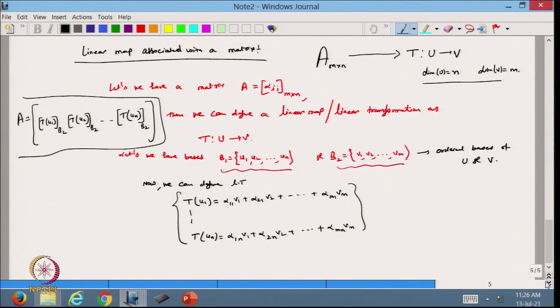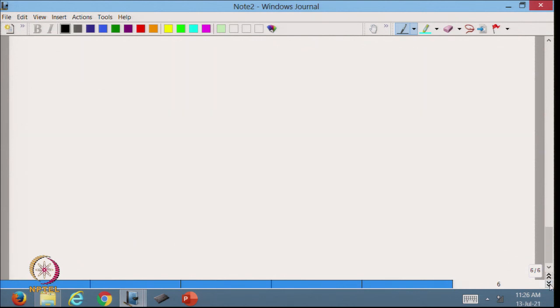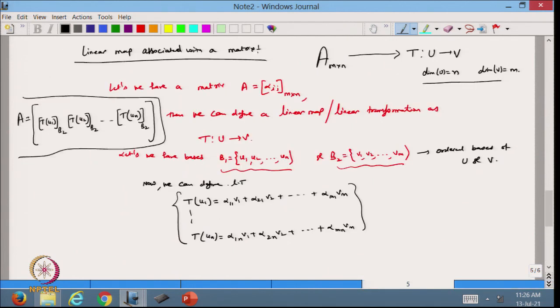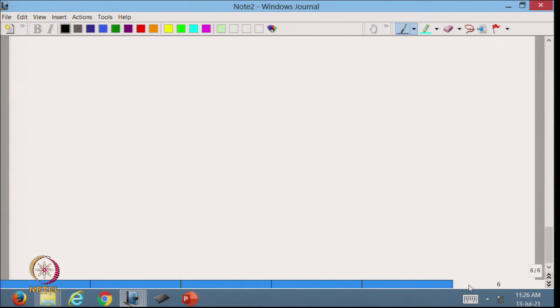So, let us take one example. I know that these are the bases, so this T is uniquely determined corresponding to these bases.